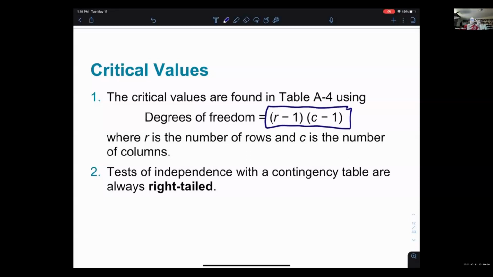So in a 2x2 table, the 2 and the 2 would both get subtracted and get 1 by 1, and you'd get 1 times 1 is 1. So that's very low degrees of freedom. But if you have more categories, the degrees of freedom may rise. Now, of course, StatCrunch also will just tell you what the degrees of freedom are if you have a contingency table and you put it into StatCrunch.